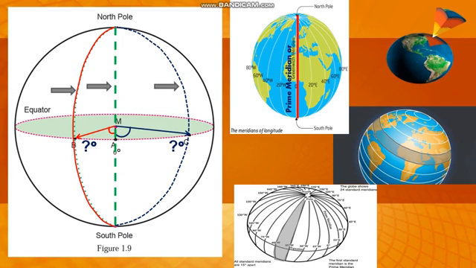Also we have learned that the distance between parallels of latitude is the same everywhere, but the distance between adjacent meridians is not the same everywhere. It is maximum on the equator and goes on reducing towards the north and south pole.